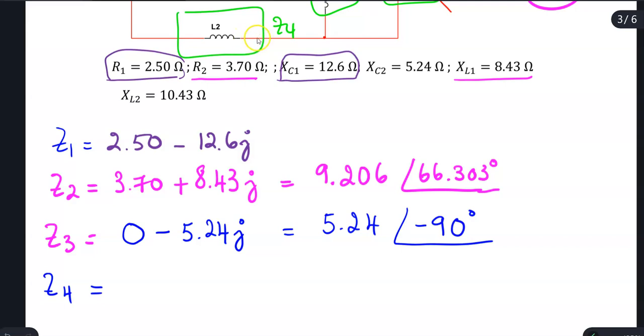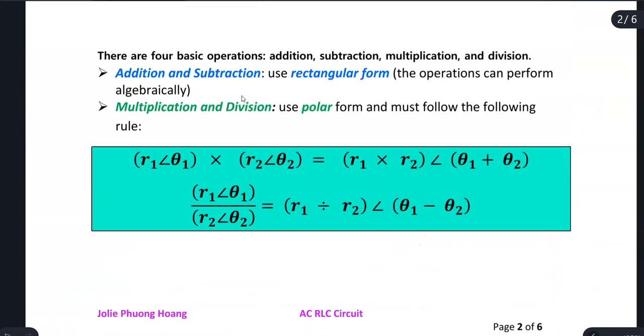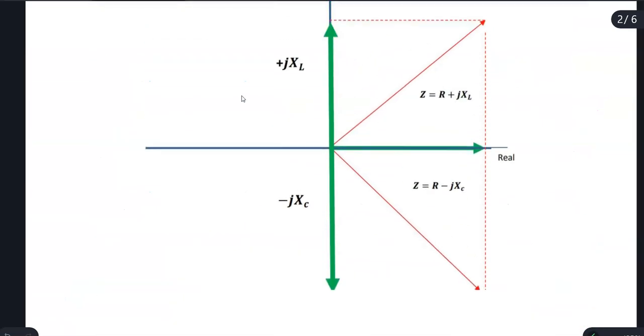I don't have the values for the resistor here, so I will put a 0 for the real part. But here is the capacitive, not a capacitive, I'm sorry, it's an inductor. Therefore, it will take the positive part of J. Go back to our chart.